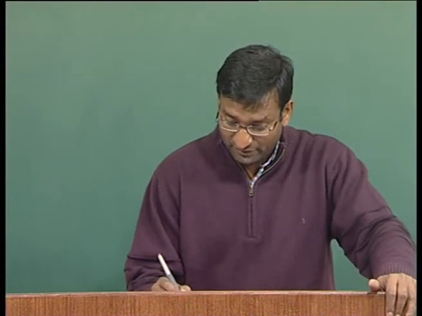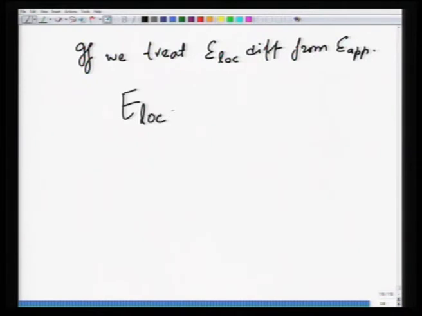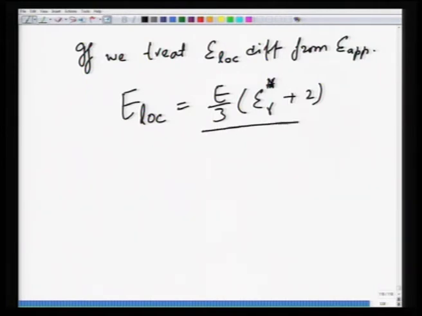If we treat E local as different from E applied, then we need to take E local equal to E times (epsilon r plus 2) divided by 3, and if we do that, there will be a shift in the corresponding frequency.